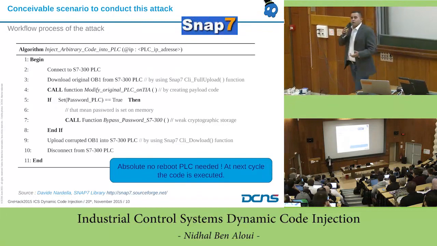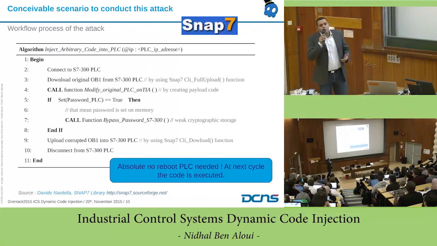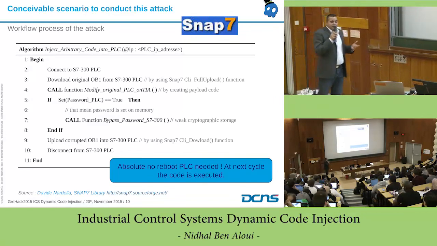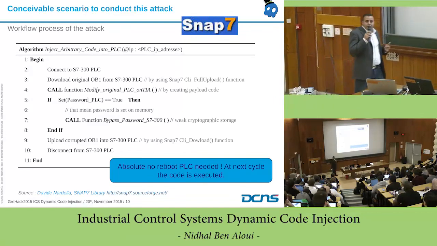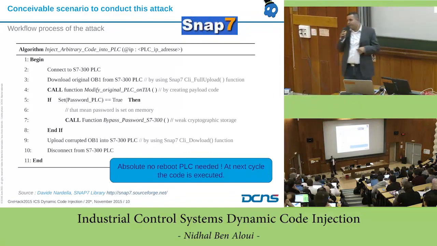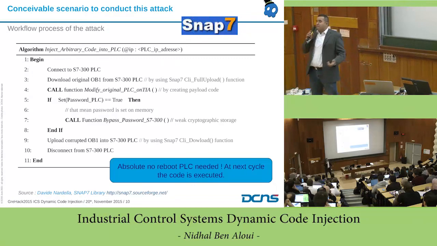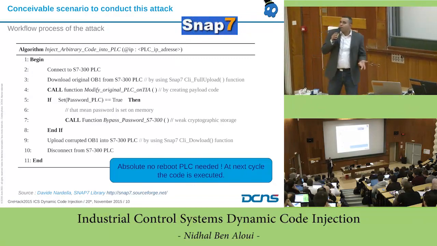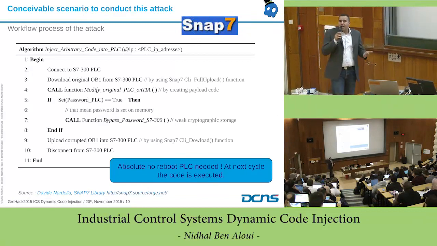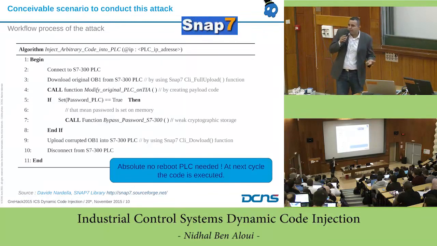Then, when we want to upload the new corrupted OB1, we have first a condition. If the CPU memory is protected by a password, we should first bypass the password, because when we upload OB1 code to the PLC, first of all the CPU checks the time and the date of the packet.